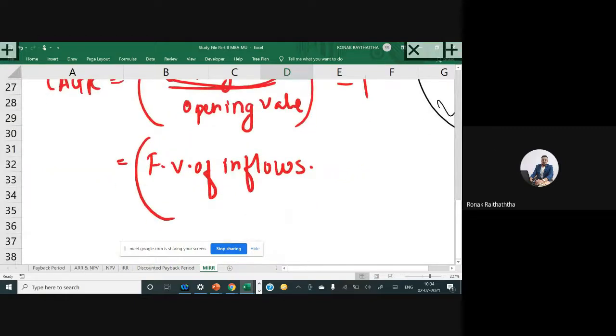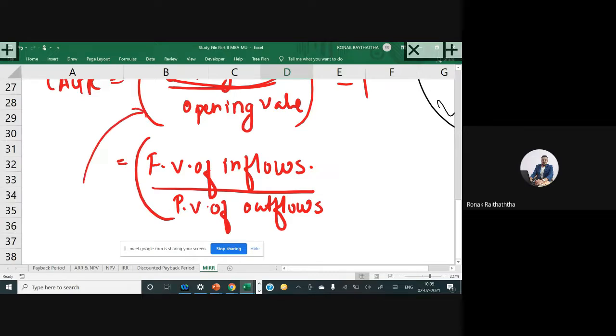And instead of opening value, you will have the present value of outflows. Outflows will also be there somewhere in year 1, year 2, year 3, but we want to go to opening, and that means outflows should be discounted. So this is the present value of my investment, and this is the future value of all the money I will receive from a project. So future value of inflows divided by the present value of outflows.